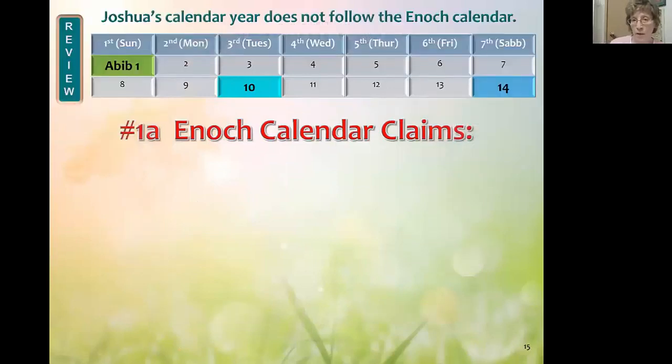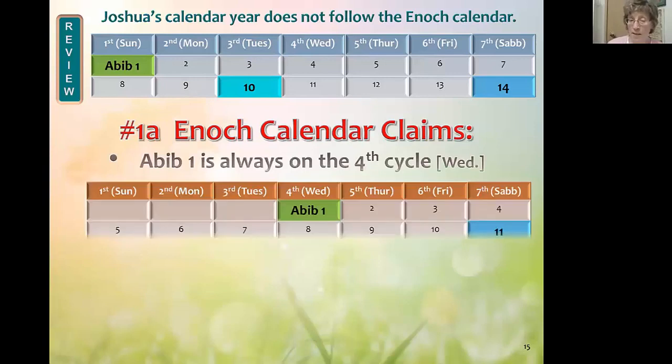Joshua's calendar year does not follow the Enoch calendar, because we're going to find that the Enoch calendar claims this. Enoch says that Abib 1 is always right here on the 4th cycle of the week, every single year in the most popular Enoch calendars. You can see that's different than what was happening in the year of Joshua.